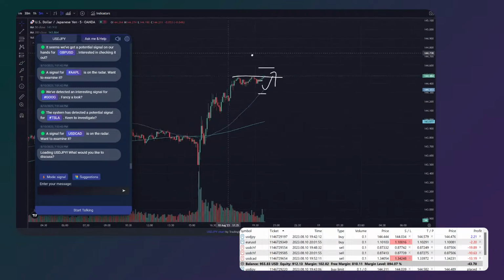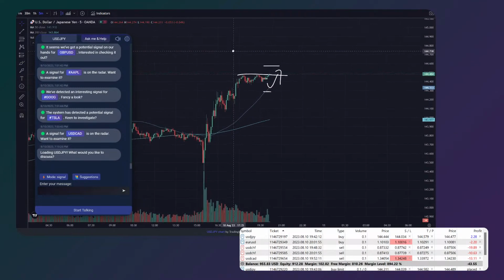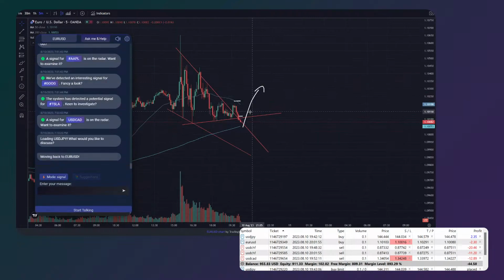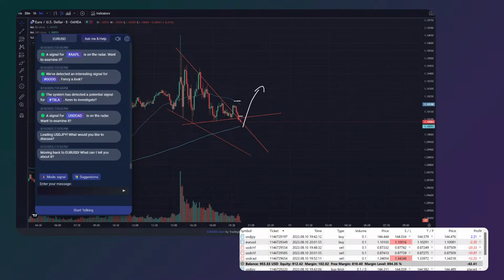That's okay. Yeah, the Swiss franc is just turning around. Let me see. Next we've got the euro dollar. Moving back to EUR/USD. We're thinking about having a bounce off here.